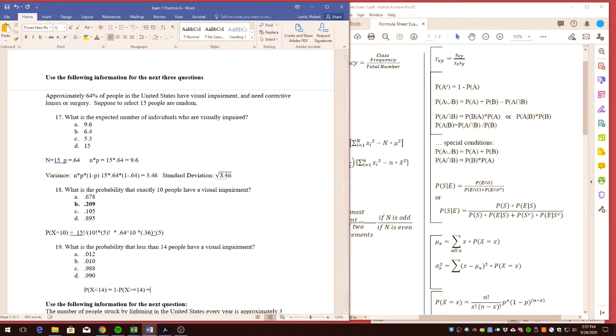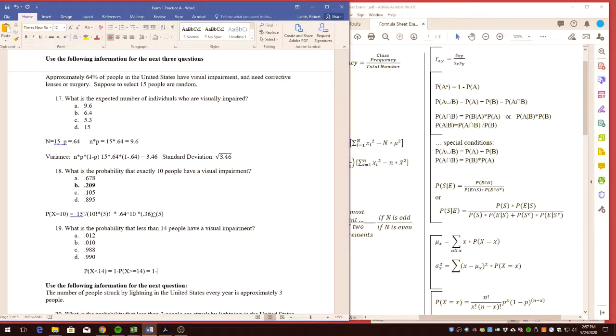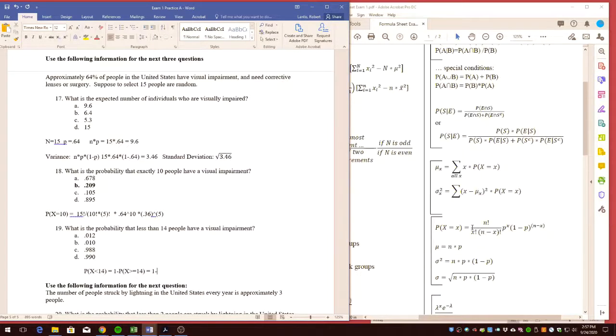Okay? So what's everything that fits this criteria? Well, that would be the probability x is equal to 14, plus the probability x is equal to 15, but because my number of trials stops at 15, that's where I have to stop. I can't see 16 out of 15. So I can find the probability that x is equal to 14, add to it the probability x is equal to 15, and then subtract it from 1. What that would entail is using our probability mass function 2 times.